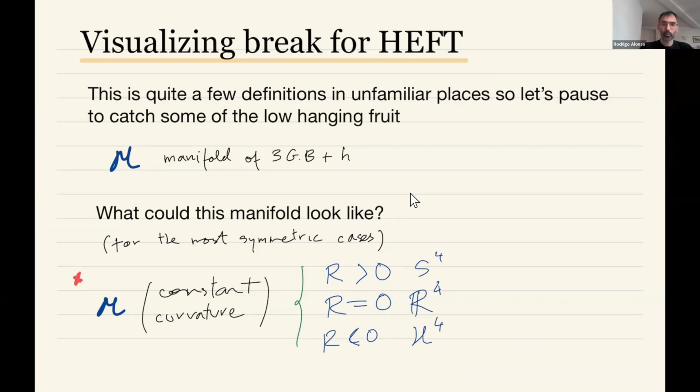But these are the possibilities that we can just list with a little thinking about geometry. And what's more, each of these cases does correspond to theories that we're familiar with. Well, for one, this flat case will be none other than the standard model.